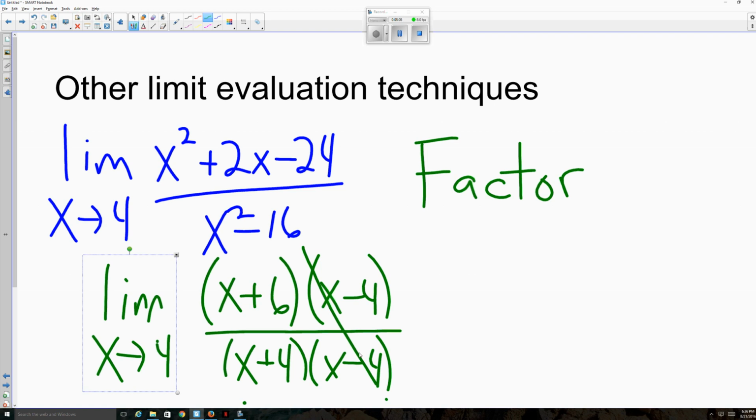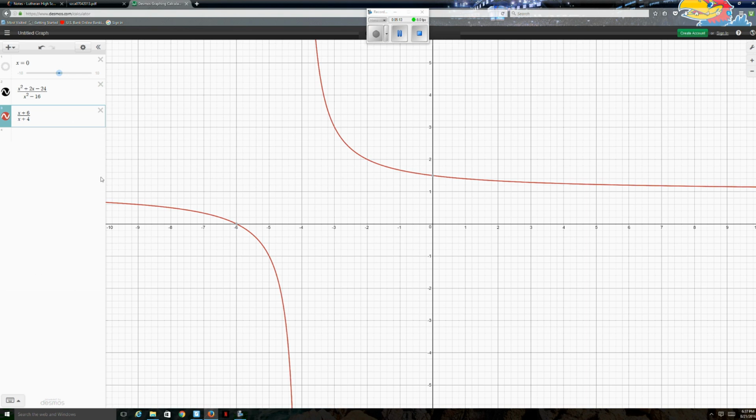But what I'm going to do now is I want to take a look at this blue function and this green function. Okay, so let's look at these two graphs here. Notice here they are. They're already graphed for you. But we don't see the black one. Well, when I take away the red one, we see that the red and the black are exactly the same. They're exactly the same.